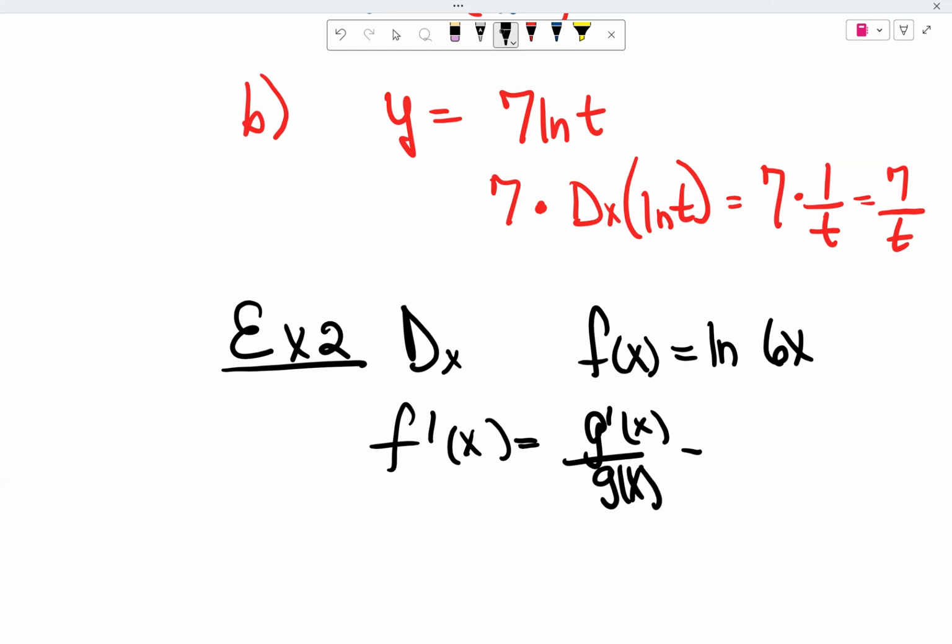And so in this case, this will become 6 over 6x. One more time, just to remind you, the 6's will cancel, and you're left with your answer, 1 over x. Is that fair? Easy to remember? So far, so good?